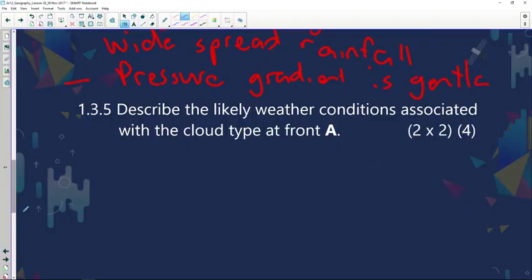Now if you look at question 1.3.5, describe the likely weather conditions associated with the cloud type at front A. Now immediately, keep in mind what I've just explained. The cold front approaches, it forces the warm air to rise. It cools, condenses, and forms clouds. So cumulonimbus clouds, and what's associated with cumulonimbus clouds?